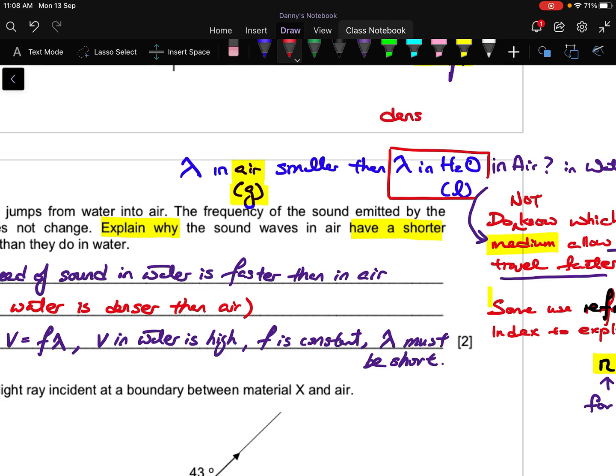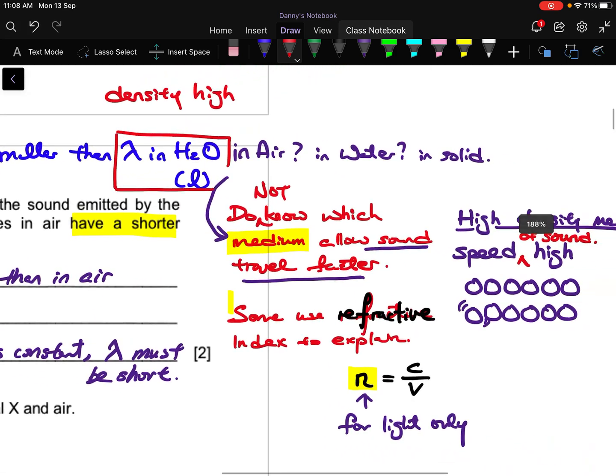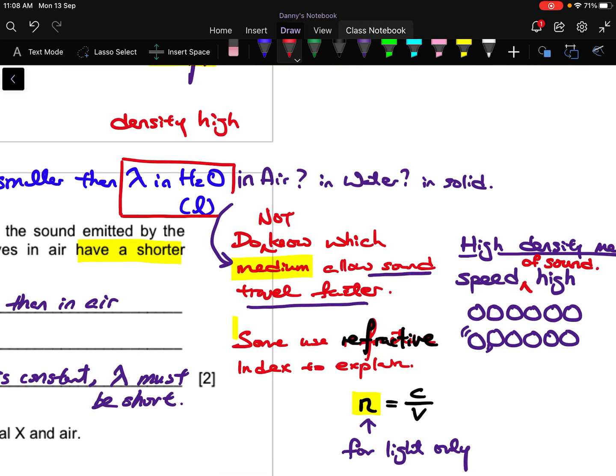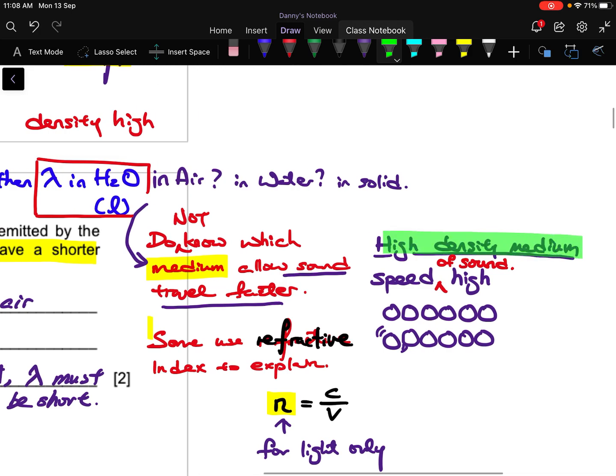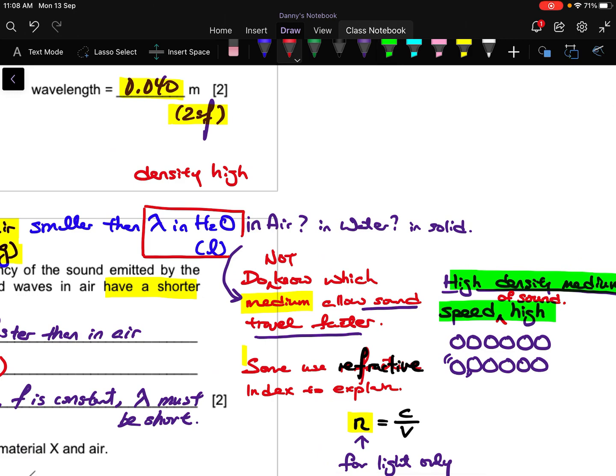In water, the liquid, the density is high. We have already learned just now that when the density is high, the speed will be high. So you will be able to tell that the speed is high in water. Therefore, you can look at the formula v equals f lambda.